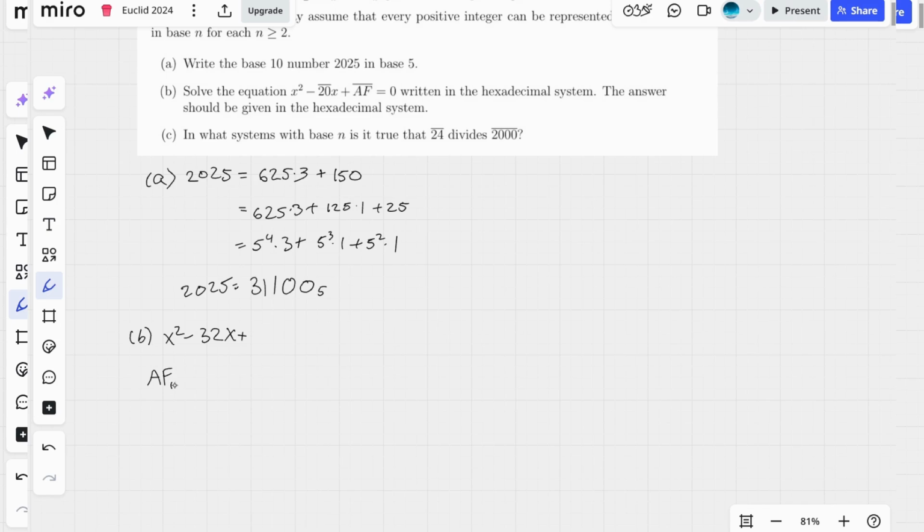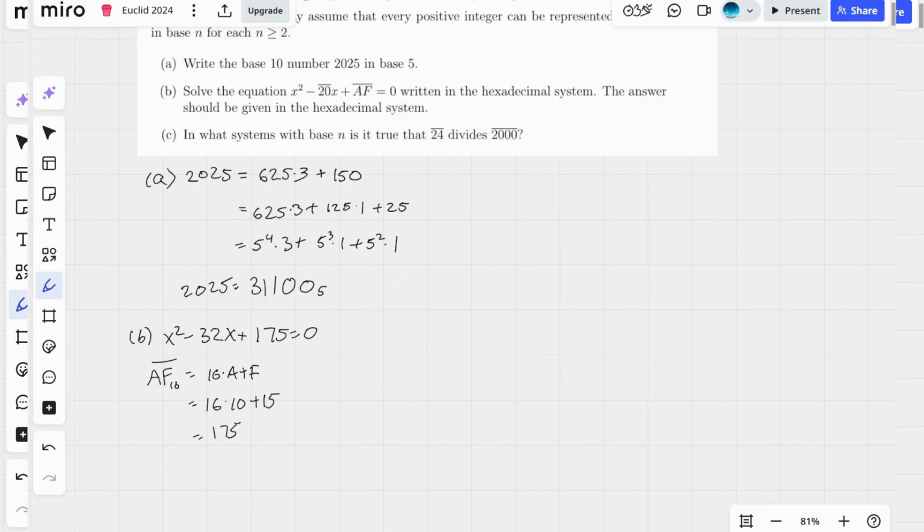So AF in base 16 would be equal to A times 16 plus F, and then we know that A is 10, F is 15. And so this is 175. So our quadratic would be x squared minus 32x plus 175 is equal to 0.